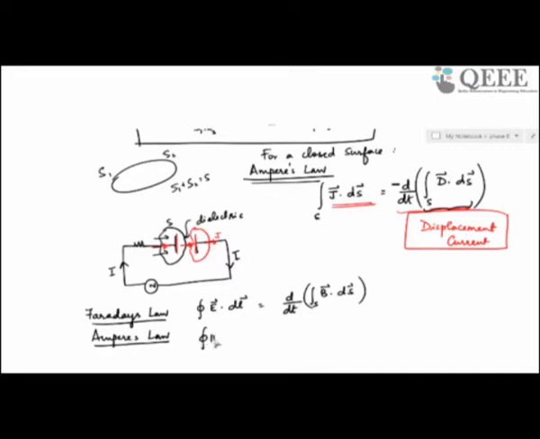And Ampere's law says that whenever you have steady current, or you have a time varying electric flux, that produces magnetic field. Time varying magnetic flux produces electric field.